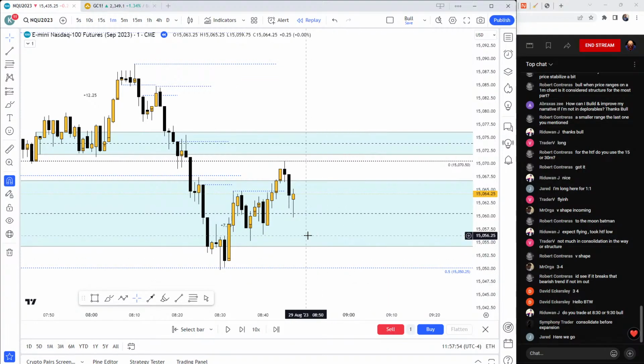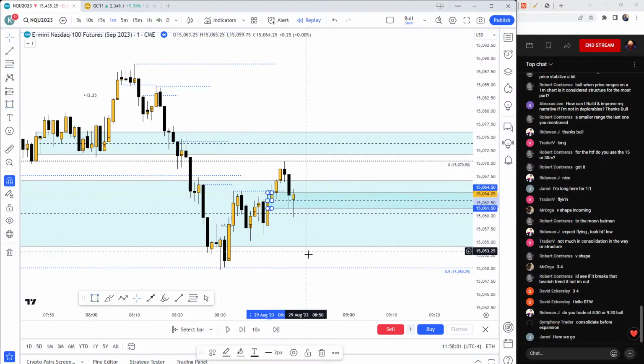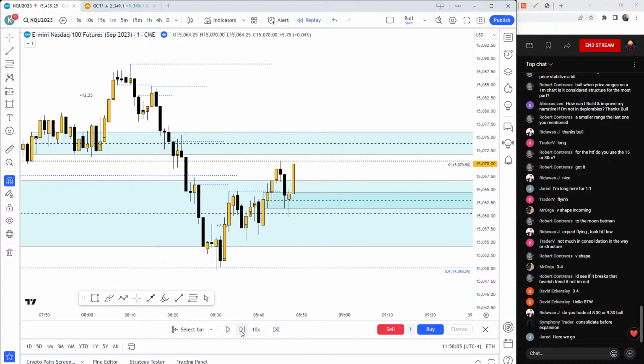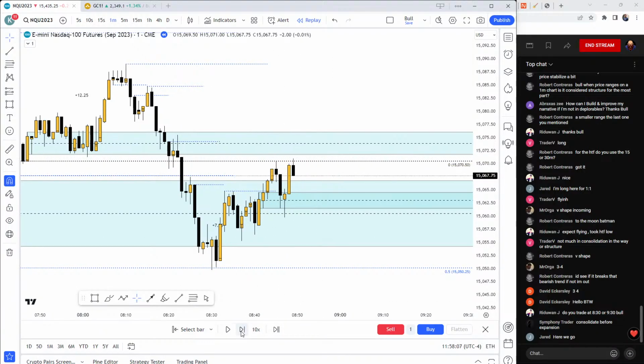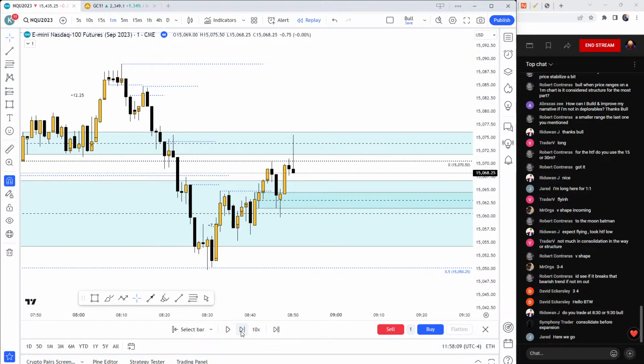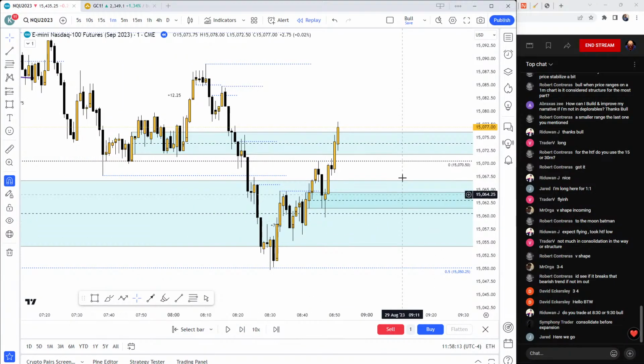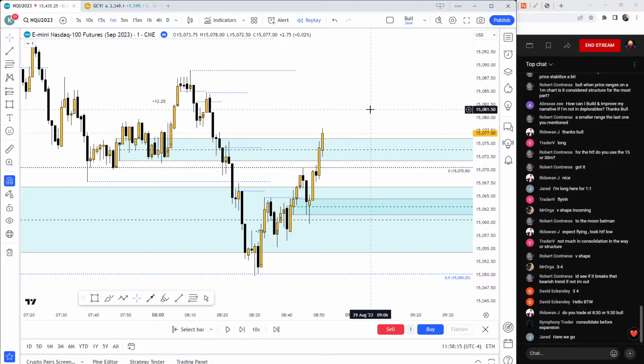Okay, so we've swept this consolidation here. Mark that out. That'll be an area you would consider for another long to take you above this high. There goes that high, and continuing on. Cool. Whereabouts is our target?